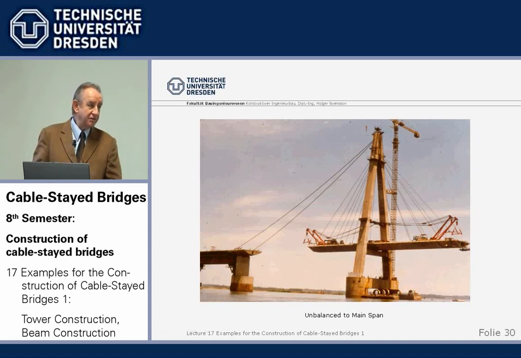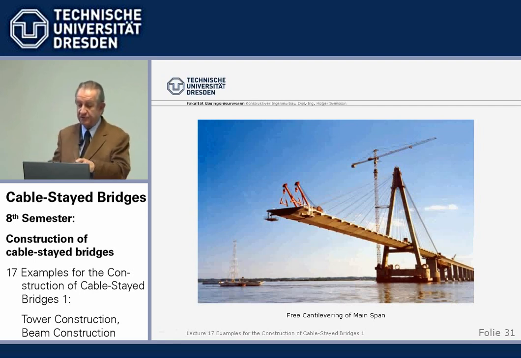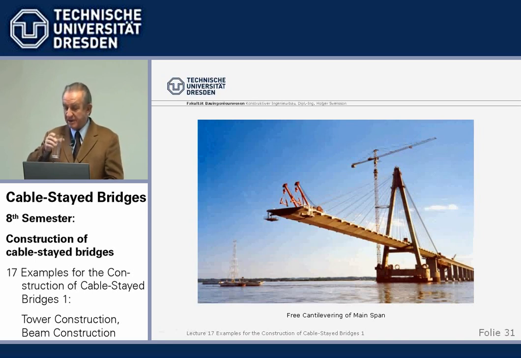Just by changing the method from one more here and one more there to either balance or only one more in the center span, and then you need only one backstay auxiliary cable. After the side span was closed, then of course the regular typical free cantilevering of the main span took place.